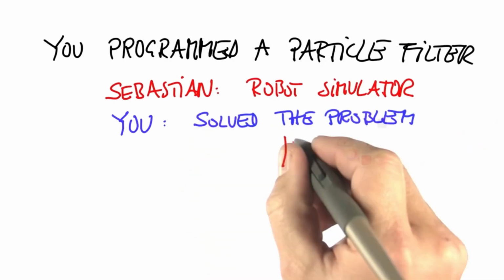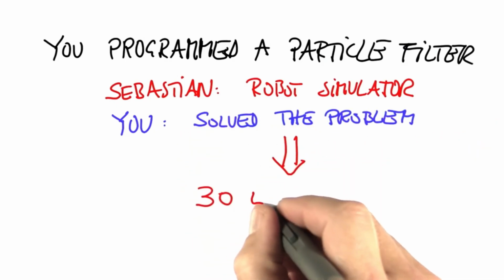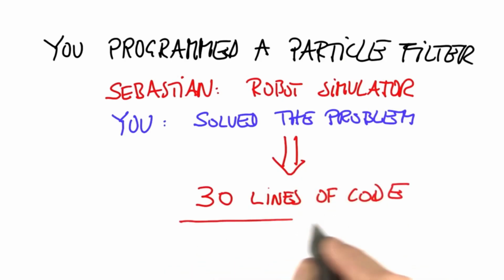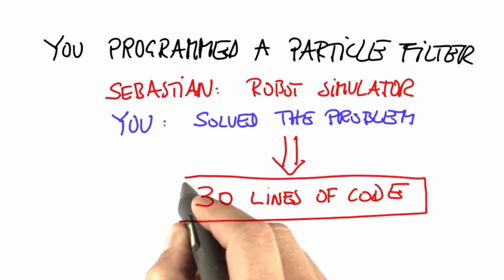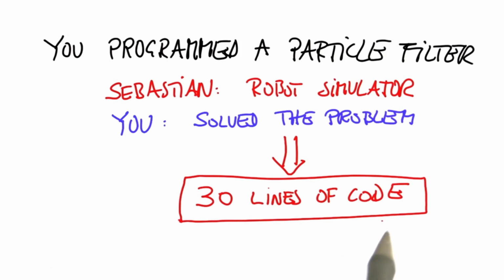In fact, you solved this problem in 30 lines of code. That is an amazingly small amount of code for something that's amazingly powerful. And you can reuse these 30 lines of code in pretty much all problems you might study that require particle filtering. They're very generic. So let me get back to the theory of particle filtering.